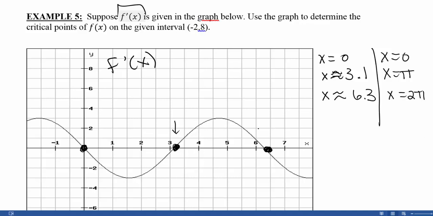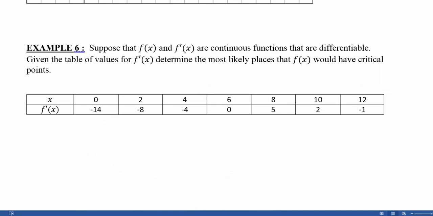Let's try another example. Example 6. Suppose that f of x and f prime of x are continuous functions that are differentiable. Given the table of values for f prime of x, determine the most likely places that f of x would have critical points. So similar to the last problem, we have information about the first derivative here, and it's really important to make sure you understand what kind of information you have.